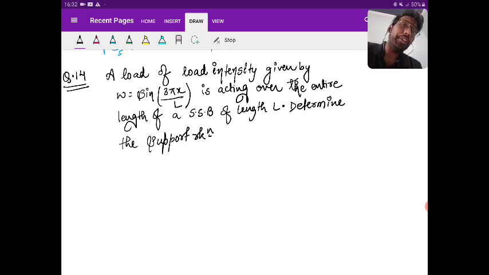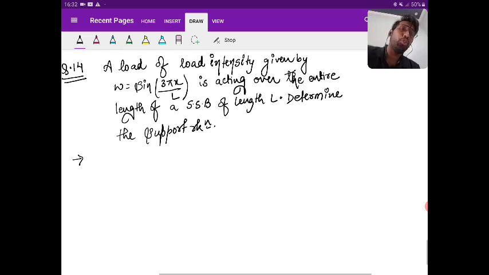So will you like to try? First of all, you need to draw the load intensity diagram over the length L of the simply supported beam.